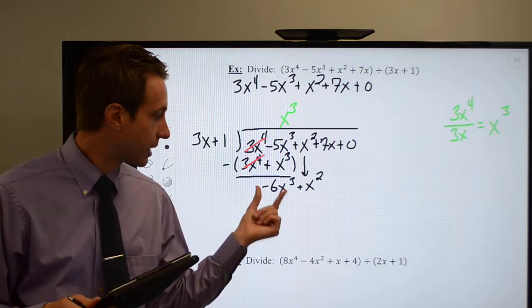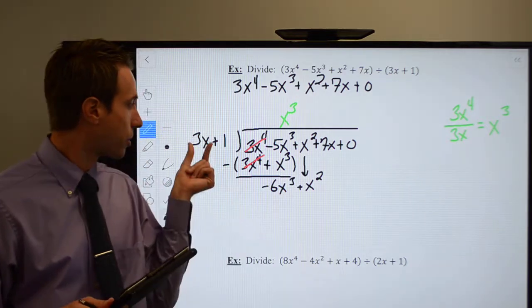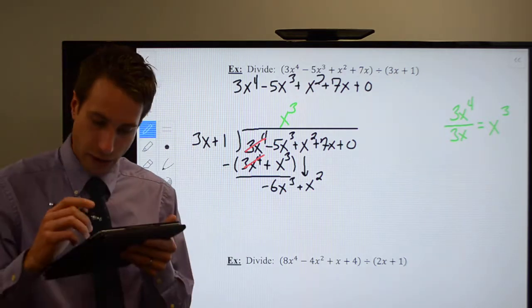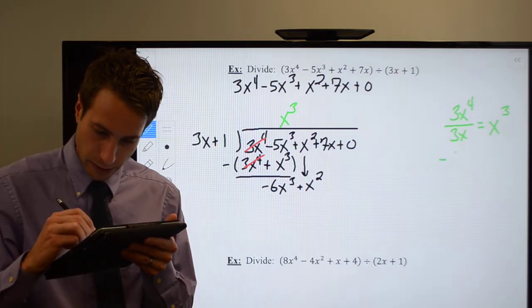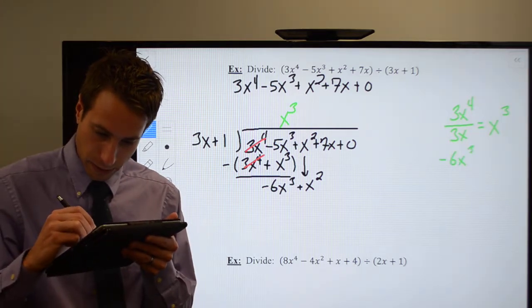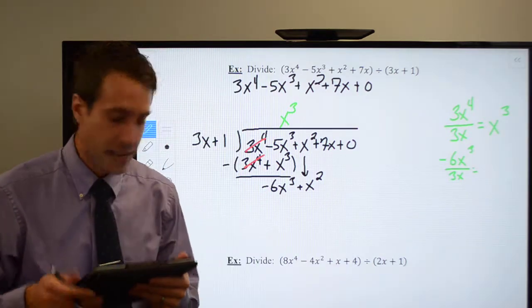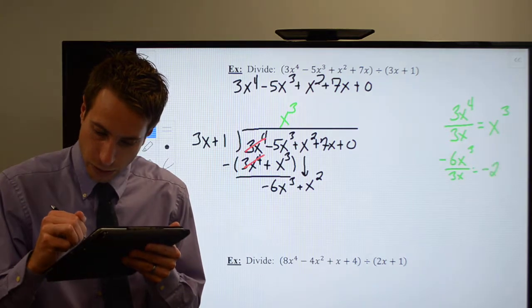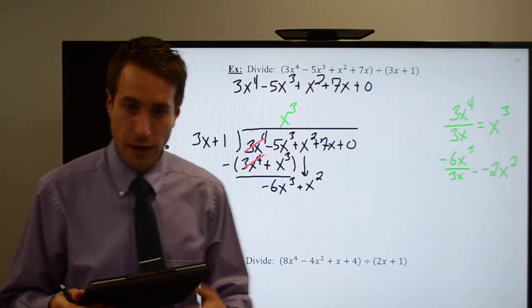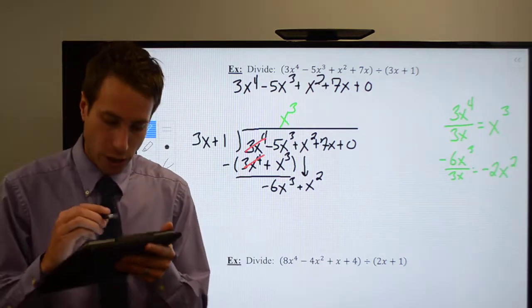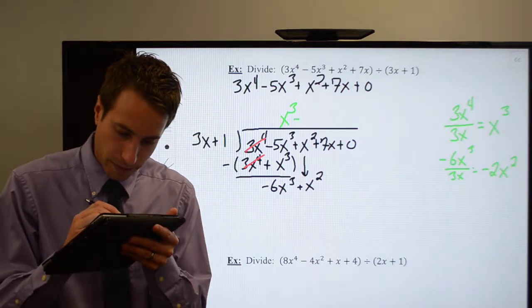So now I take the leading coefficient of my reduced polynomial divided by the leading coefficient of my divisor. Negative 6 divided by 3 should be a negative 2, negative 2x squared. And so that negative 2x squared goes up in my quotient.